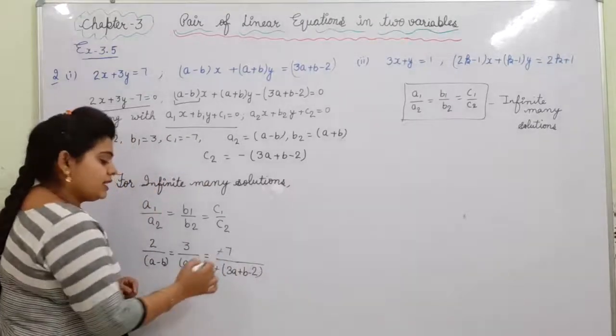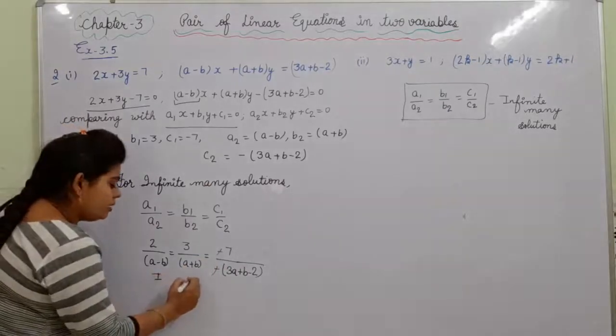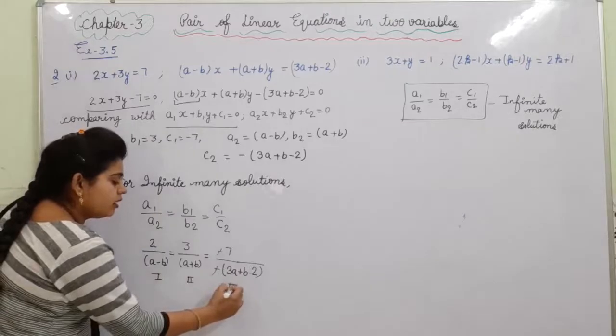Now minus minus cancel out. From here we get three parts: first part, second part, third part.